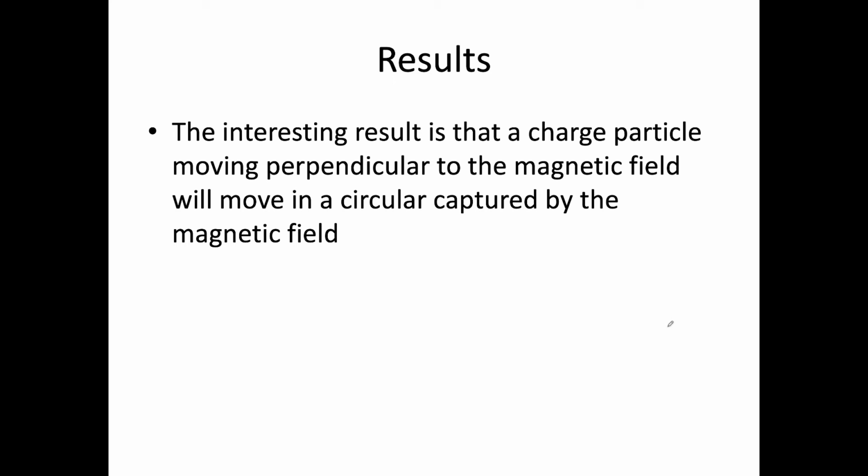Now, an interesting result is that we have this charged particle moving in the magnetic field. It's going to get captured by that magnetic field if it's moving slow enough, and it's going to go into a circle. So we have a magnetic field. If we look at the top, the magnetic field is going into my screen. This is what the axis means. And so the electron particle, I'm going to change my pen color.